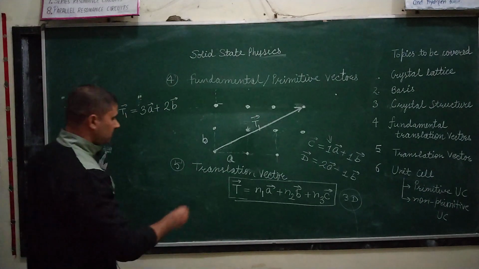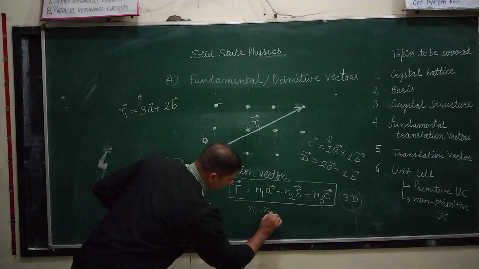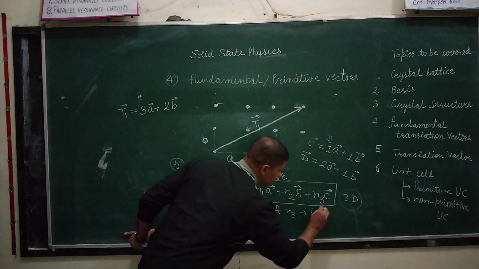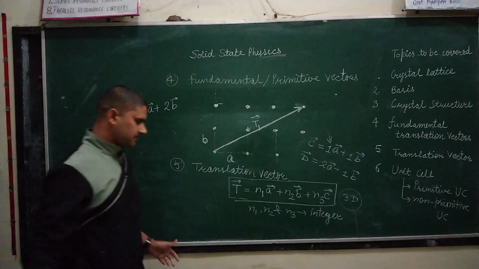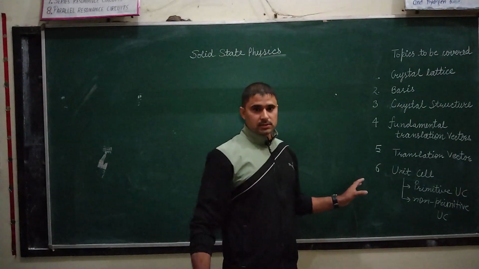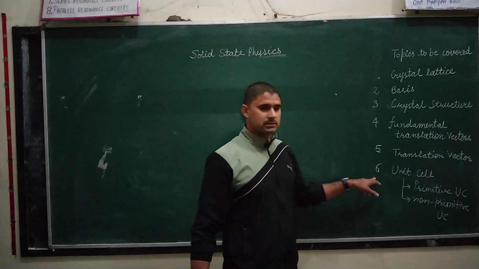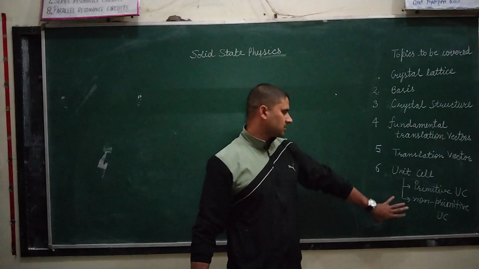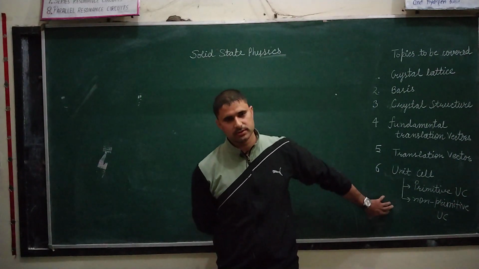So from here you conclude that the values of n1, n2 and n3 can be integers, only integers. Okay class, the time of the lecture has been long, so I will discuss the sixth property, unit cell, and what kinds of unit cell there are, in the next lecture. Okay, thank you class.